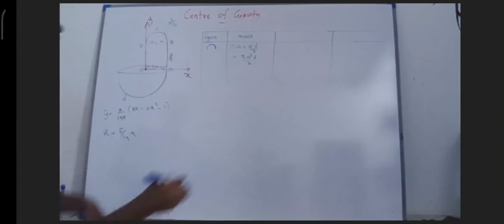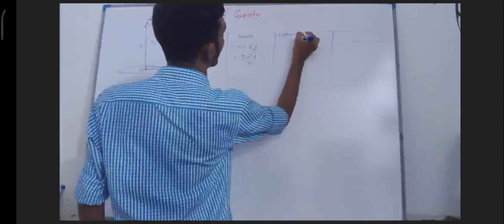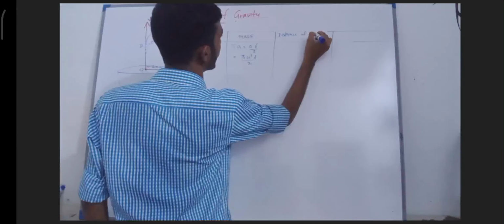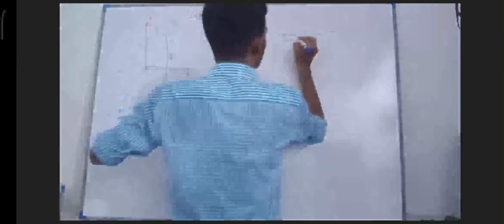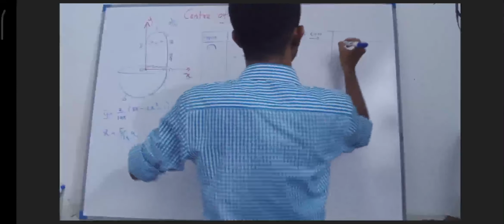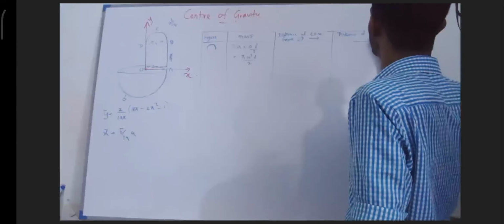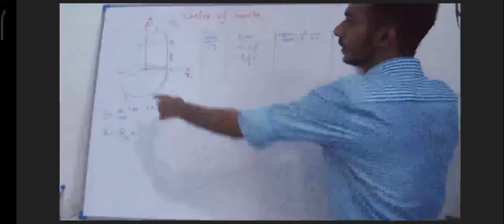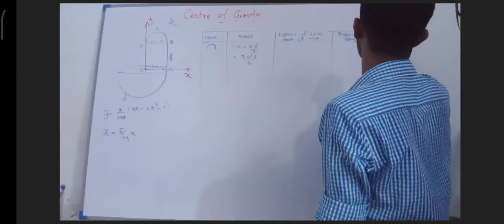Now, the distance of the center of mass from OD means in this direction along the x-axis. Again, the distance of the center of mass from OA along the y-axis, from OA in this direction.